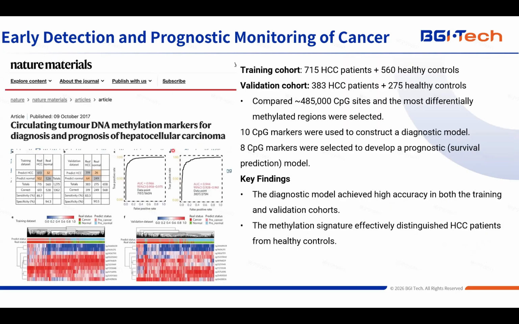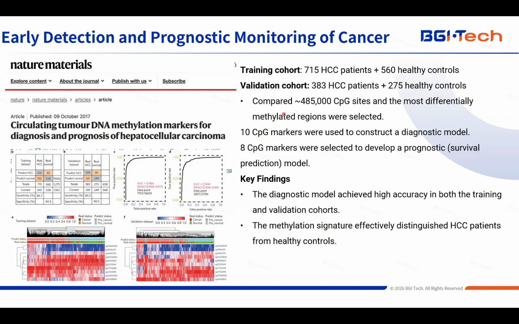In the next study, the authors collected samples from Chinese patients and randomly selected healthy controls, resulting in a training cohort and a validation cohort. First, they compared about 485,000 CpG sites between the liver cancer tissues and normal samples to identify the most differentially methylated sites.